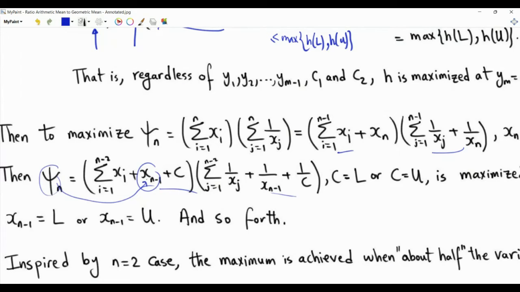And because it's a convex function, then it attains its maximum by pushing xn minus 1 to either the lower bound L or the upper bound, which is U. Now we will set this guy equal to L or U. Then we can isolate xn minus 2 from here and there, and so the argument is repeated. Okay. So this is a demonstration that the variables will be L or U.